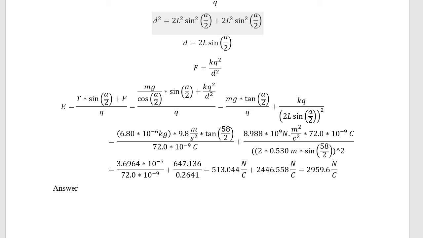So let's just write the answer for both parts.